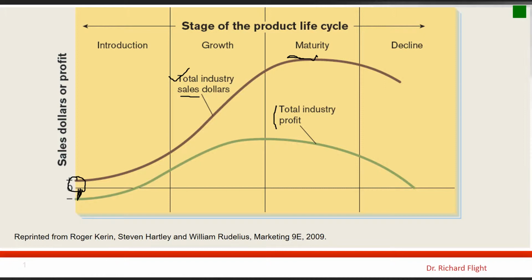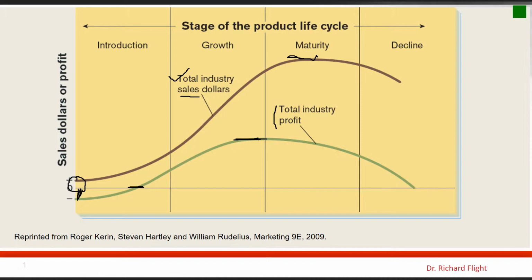And then eventually we break even with a certain number of units that are sold. And then profit tends to peak out towards the very end, the last portion of the growth stage. And it remains rather high even through maturity, and then it only begins to decline, of course, towards the latter part of its life cycle.